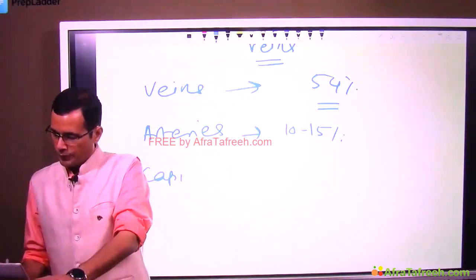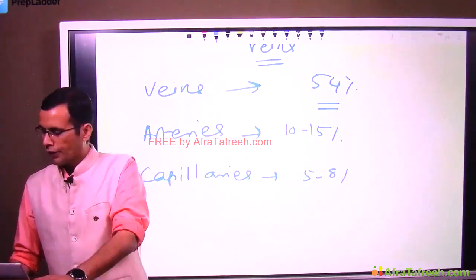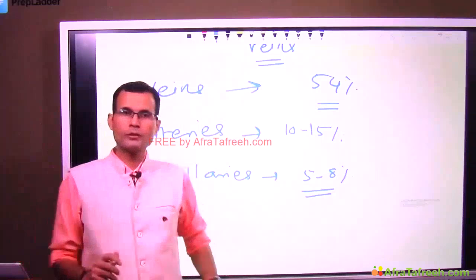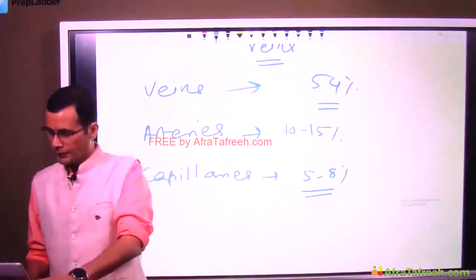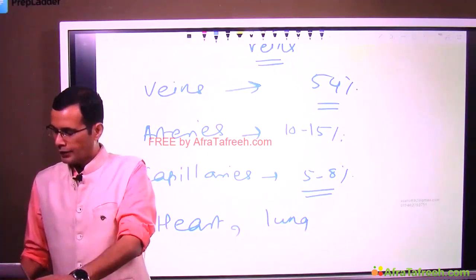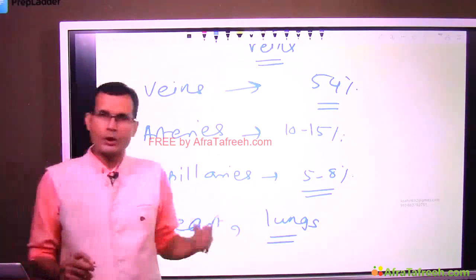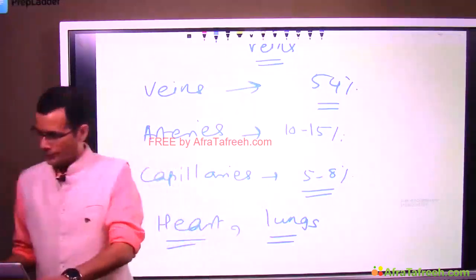Capillaries accommodate 5 to 8% of the total blood volume, and the remaining blood volume is present in the heart and lungs, in the chambers of the heart and in the pulmonary circulation.